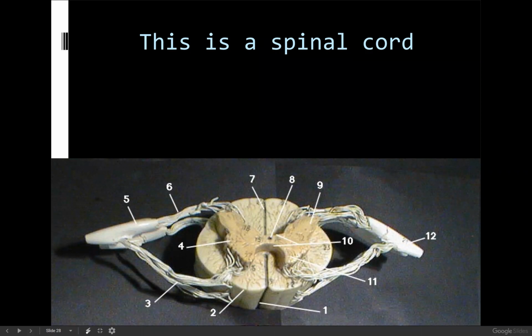There are definite dorsal and posterior horns of the butterfly. This is where the afferent or sensory nerves enter. And then there are definite ventral or anterior horns of the butterfly. And this is where the efferent motor nerves come in. And then there's also a gray commissure that connects the left and right horns.